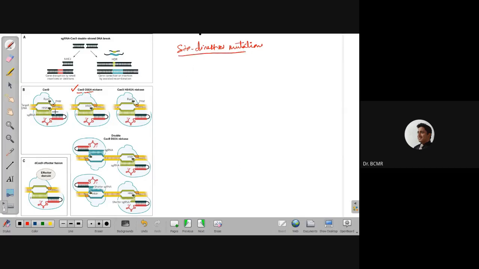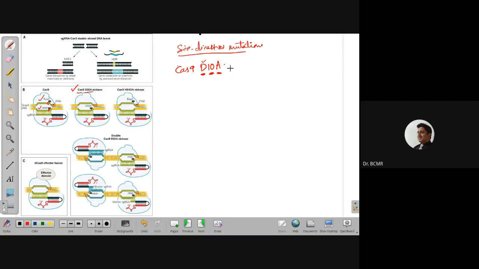Normal Cas9 has RuvC and HNH, because of which it is able to make double strand breaks. So using site-directed mutations, they engineered a Cas9 called Cas9 D10A. That means this is the original amino acid, and at the 10th position it is replaced with alanine, aspartic acid replaced with alanine.